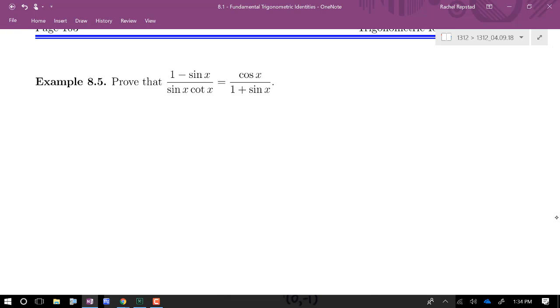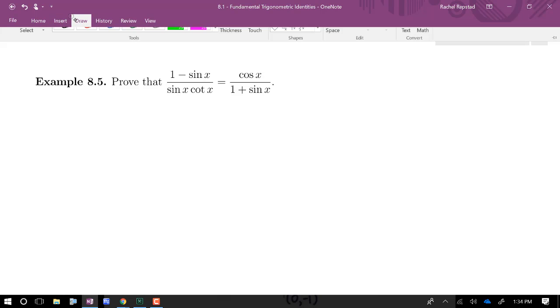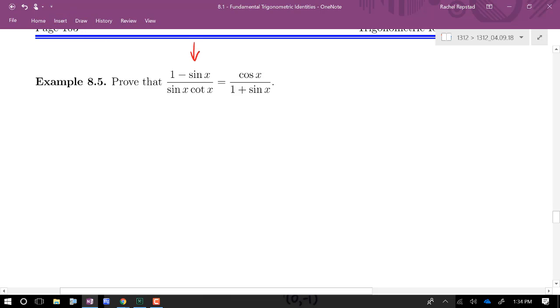Okay, so this next one, we have stuff going on on both sides of this equation. So without loss of generality, we could just pick the left side to work with.